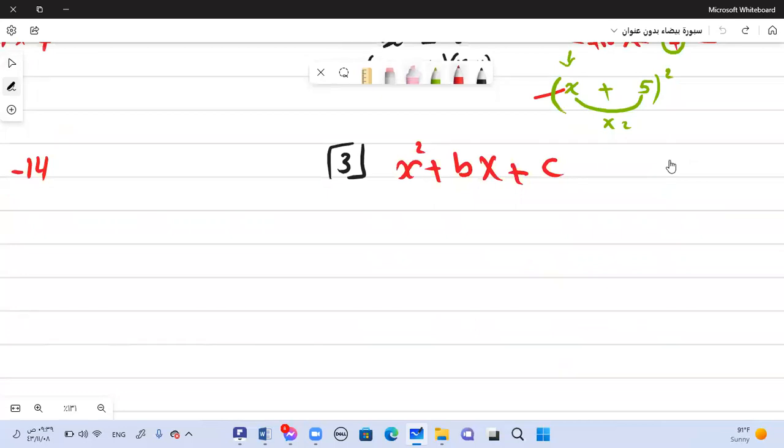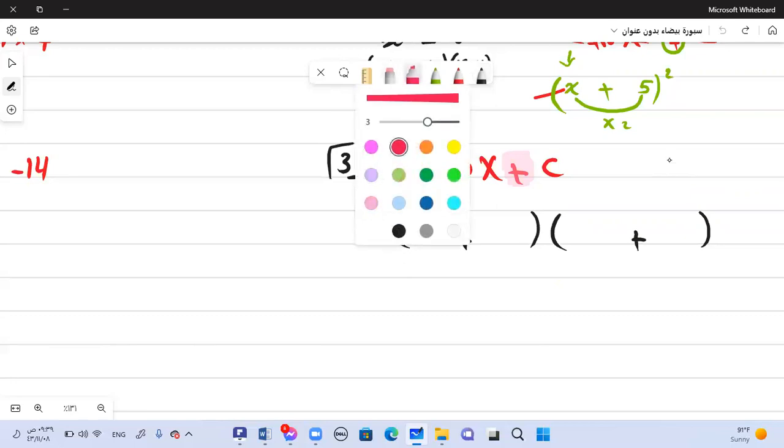The important idea for this case is the third sign. If the third sign is positive, we should put the same sign as the middle term. We should remember this statement to help you to cancel multiple choices. Okay, so if the third sign is positive, put the same sign as in the middle term, like this sign, the middle sign.